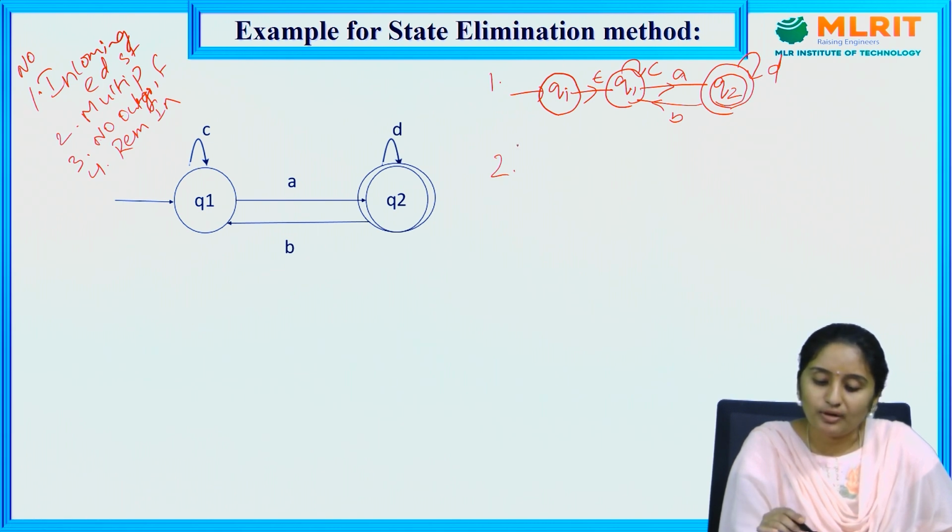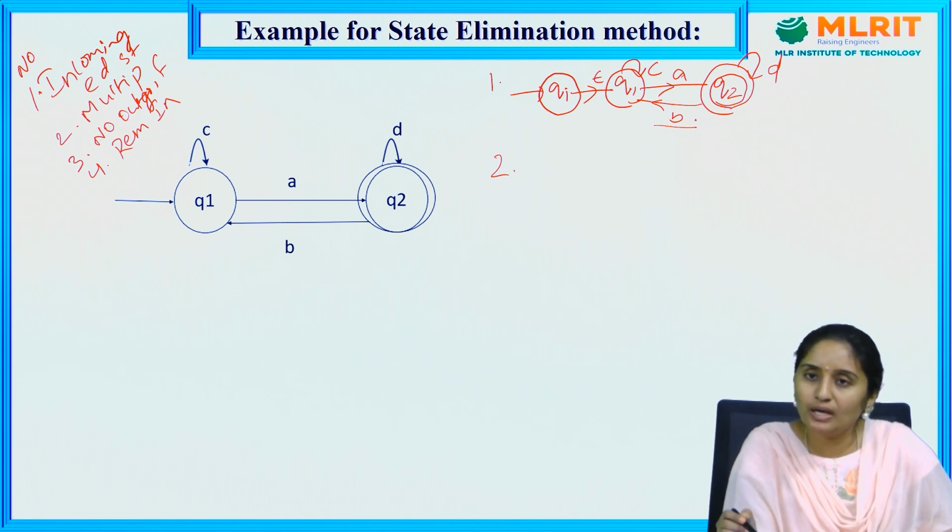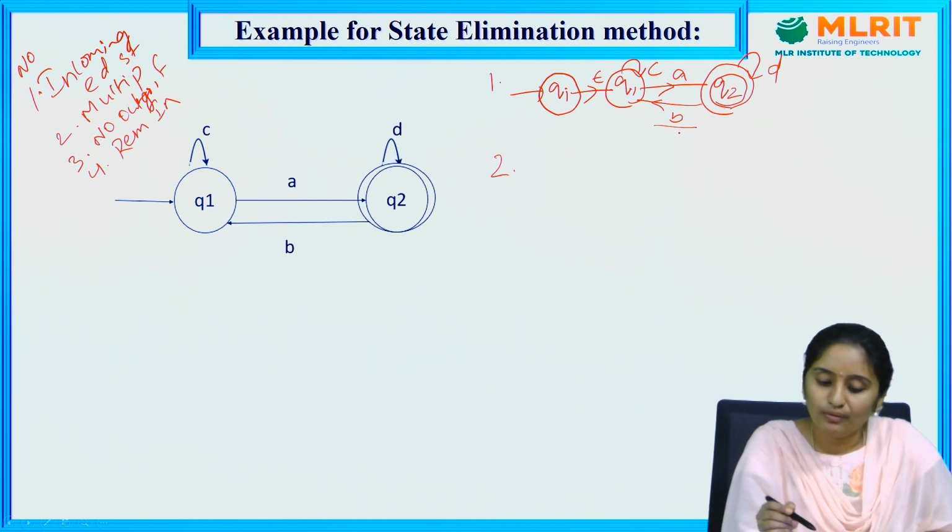The third point: check any outgoing edge from the final state. Yes, from Q2 to Q1 there is an outgoing edge, that is B. Q2 on B moves to Q1. So create one new state and make that new state the final state.